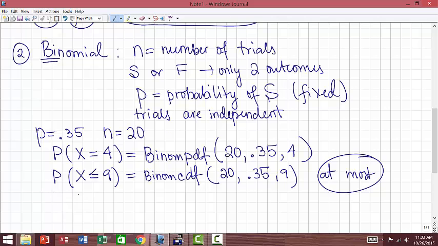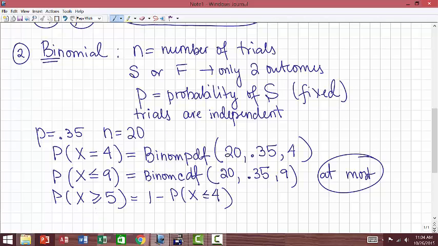What if it says at least? Let's say at least 5, so this is 5 or greater. Your calculator cannot compute the probability of getting 5 through 20 successes in one command. So what you're going to do is 1 minus the probability of the opposite, which is 4 or less.